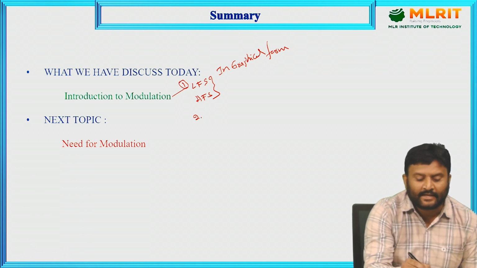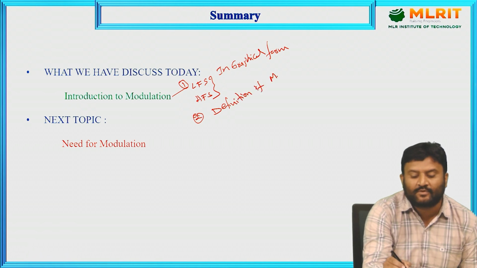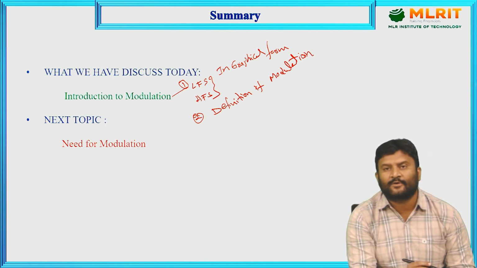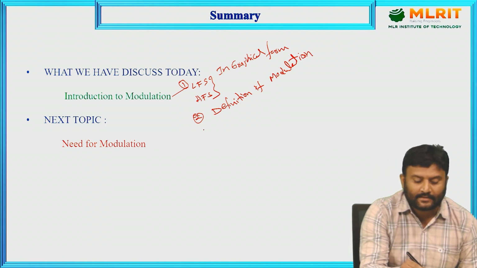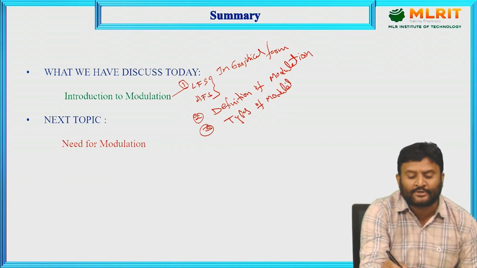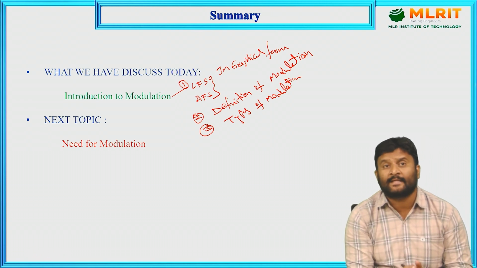The second thing we learned about is the definition of modulation, and the third one is the types of modulation. These things we discussed in today's class very clearly.